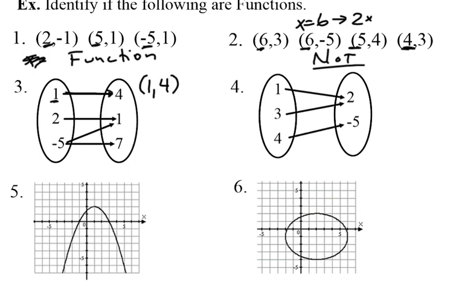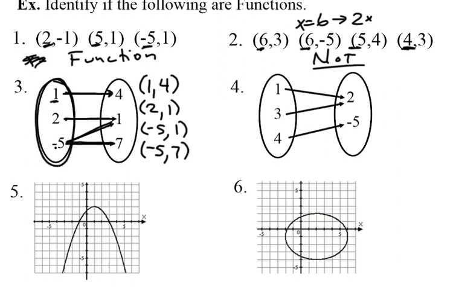Object 1 relates to 4. Object 2 relates to 1. Object -5 relates to 1, but object -5 also relates to 7. So our x values, we have -5 occurring twice. So this is not a function.